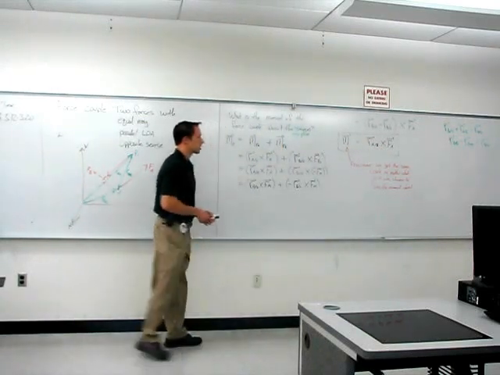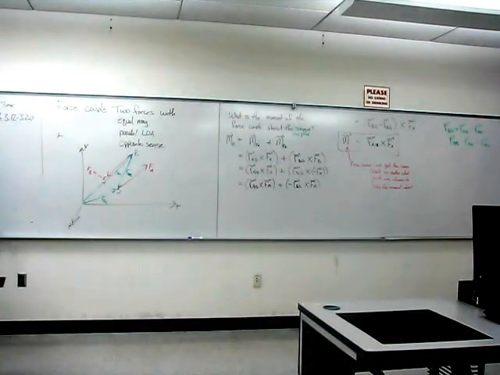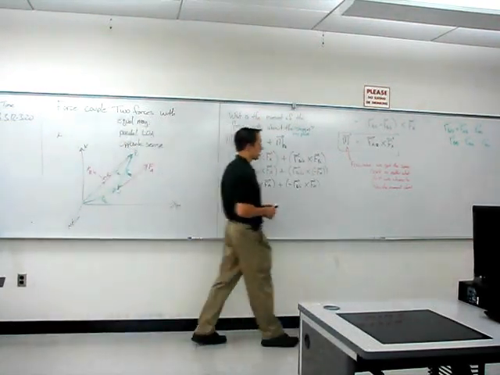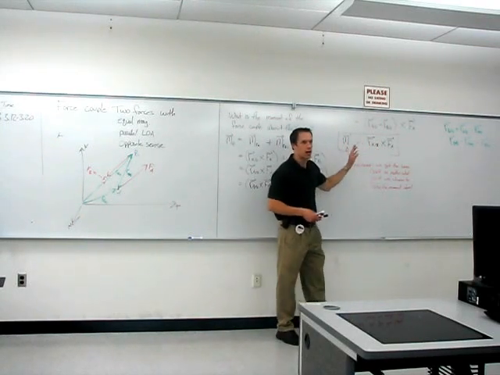Position of A with respect to B. So the position of where one force is applied with respect to where the other force is applied, cross the force at A. Now you just have to make sure you get your position vector oriented in the right way.